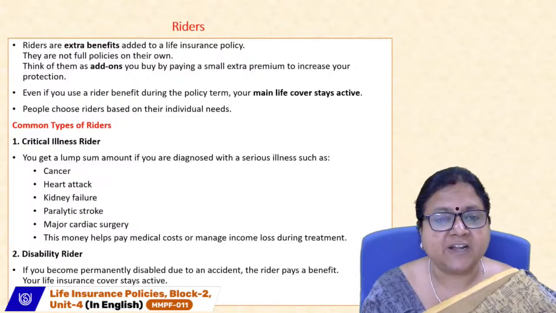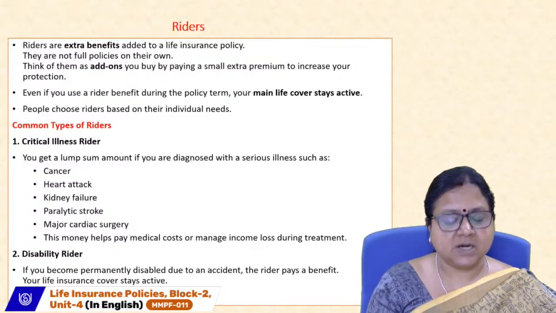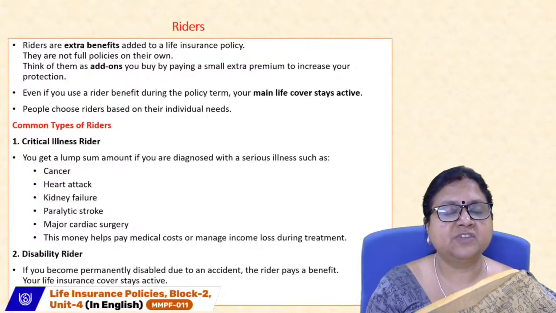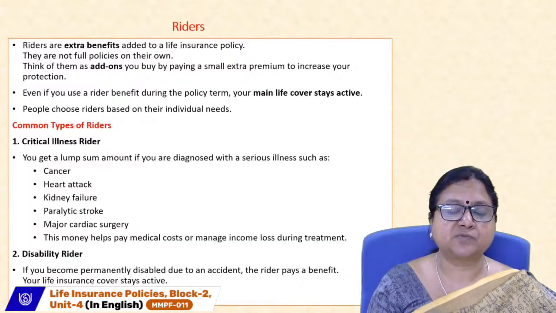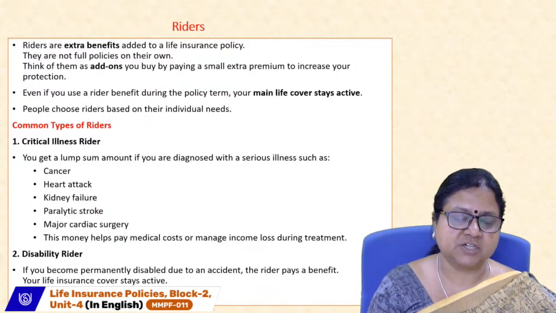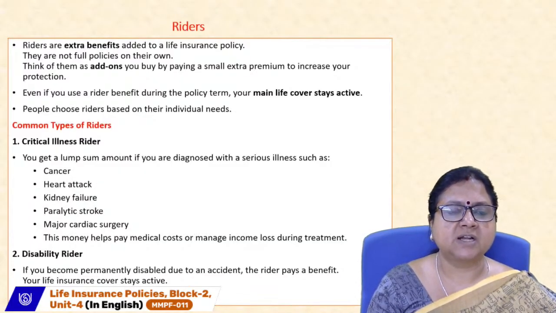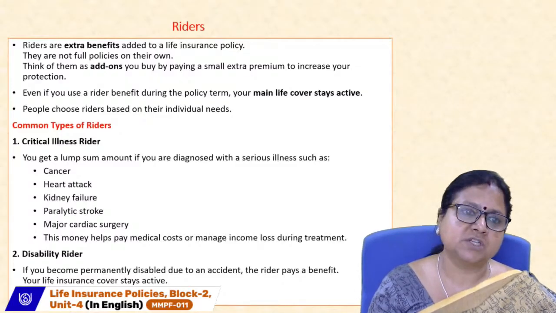So we were talking about riders. Now there are riders which are put in different types of insurance schemes, and these provide extra benefits for the insurance policyholders. So riders are extra benefits which are added to the life insurance policy.